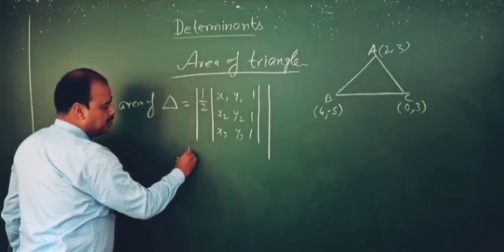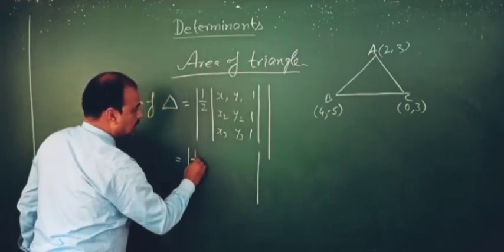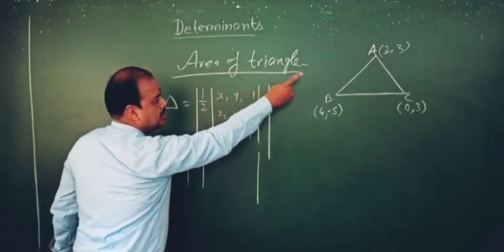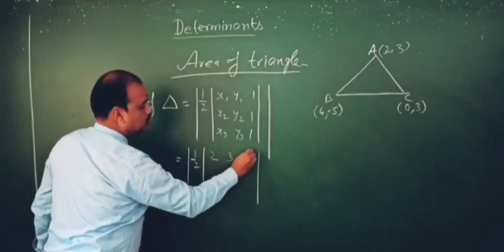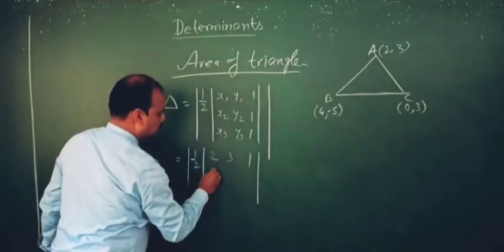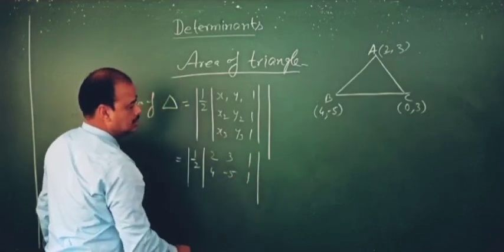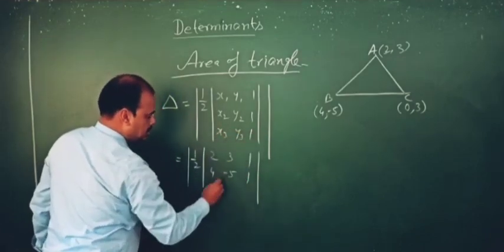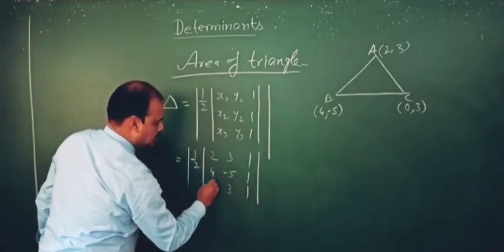Area of triangle equal to mod of half, x1 y1, it means 2, 3, 1, x2 y2, 4, negative 5, 1, and x3 y3, 0, 3 and 1.